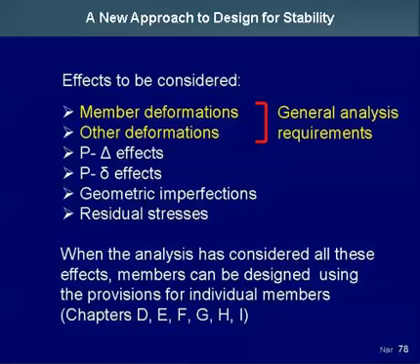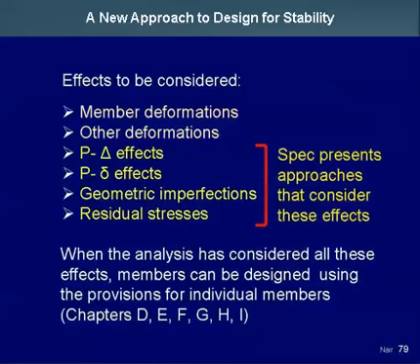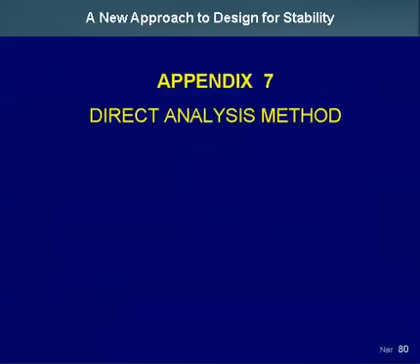But then, for those who don't want to invent their own method of accounting for all these things, AISC does provide you with 3 specific prescriptive methods of accounting for these 4 effects: P deltas, geometric imperfections, and residual stresses. And of course, the most powerful and most general of those methods is the direct analysis method, which is in an appendix as it happens.